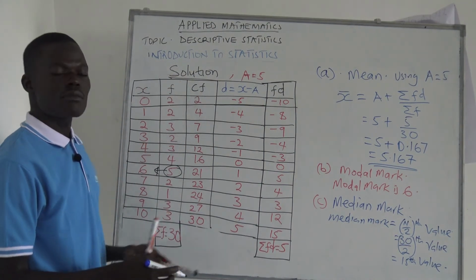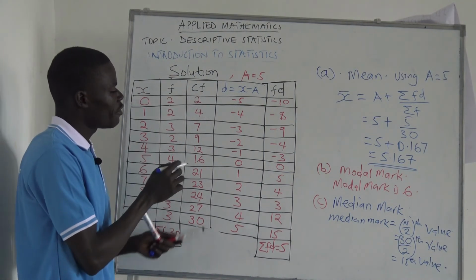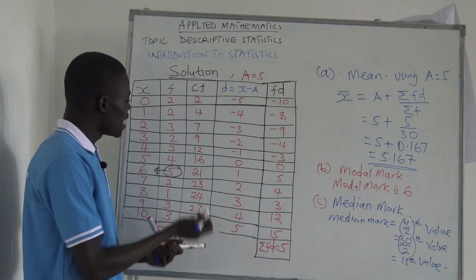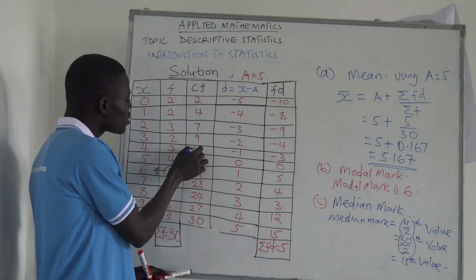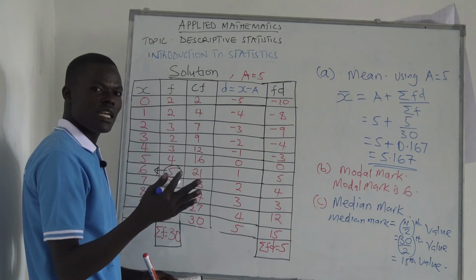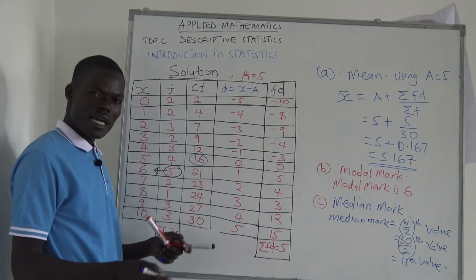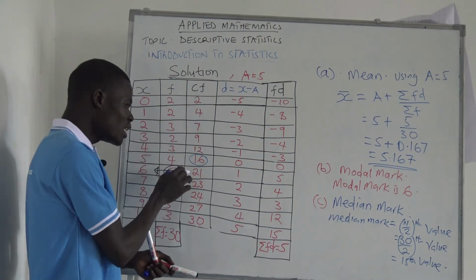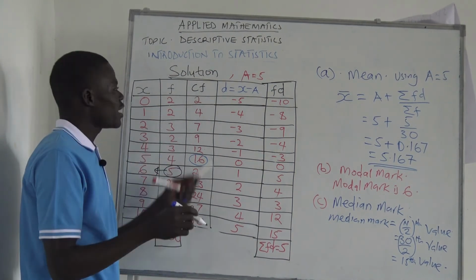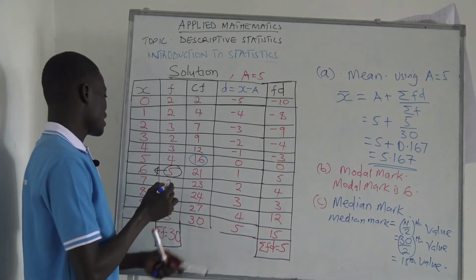You come to cumulative frequency and you get where 15 can go without a remainder. So this 12, 15 will remain with a remainder. It will go in 16. The first value where 15 will go, the first value in cumulative frequency, is the median mark.